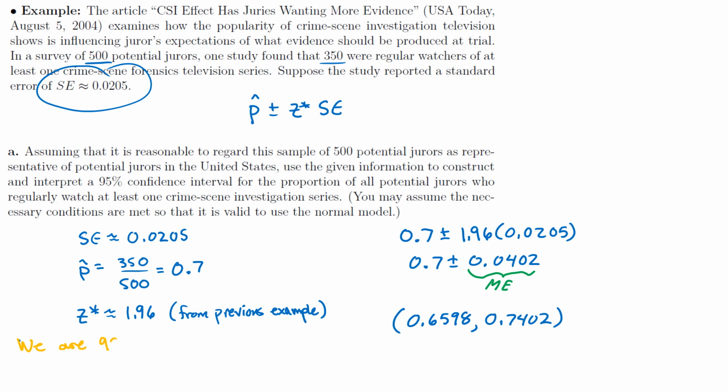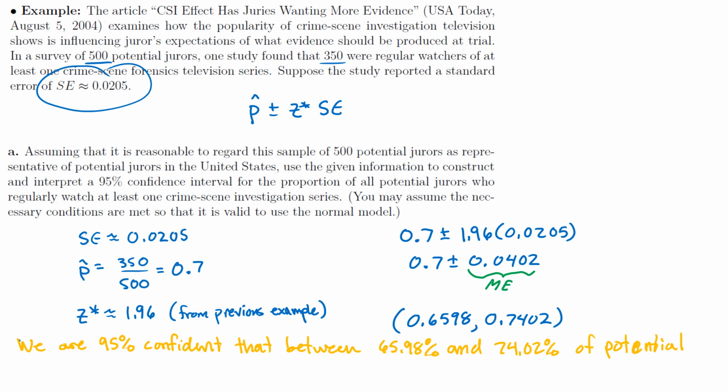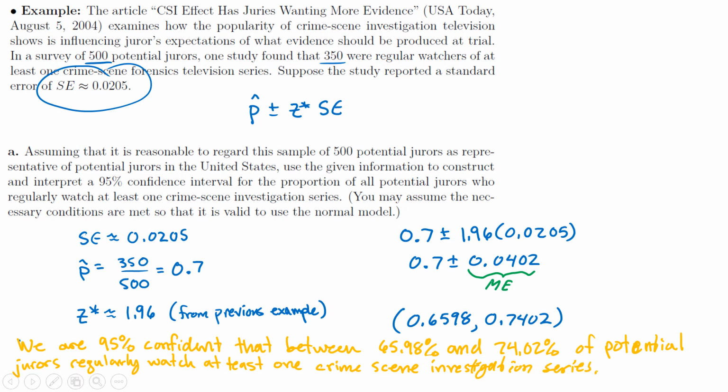So we are 95% confident that between 65.98% and 74.02% of potential jurors, it's always important to refer to the population we're interested in, so we're interested in potential jurors here, of potential jurors regularly watch at least one crime scene investigation series. Which is quite a bit, actually. Okay.